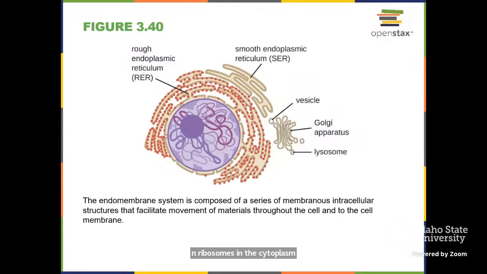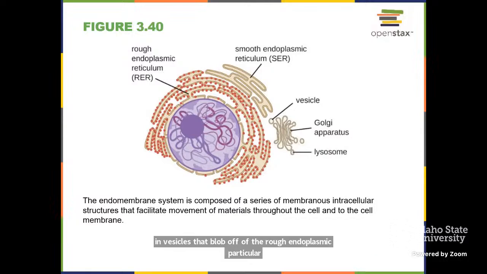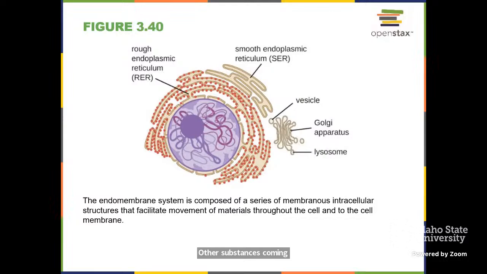So more of the endoplasmic reticulum, there is smooth endoplasmic reticulum that lacks the ribosomes. Golgi apparatus is more of this endomembrane system, not really directly attached, but in close proximity. And we can see molecules packaged up, proteins or other things, in vesicles that bleb off of the rough endoplasmic reticulum. Other substances coming off of the smooth reticulum, they fuse to Golgi, they get collected, processed, packaged up, and exported out, right?